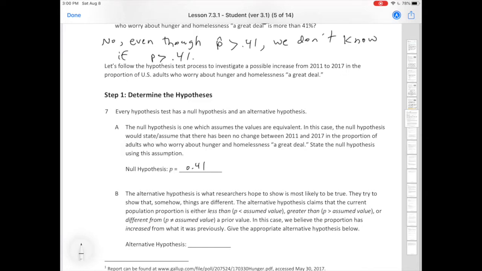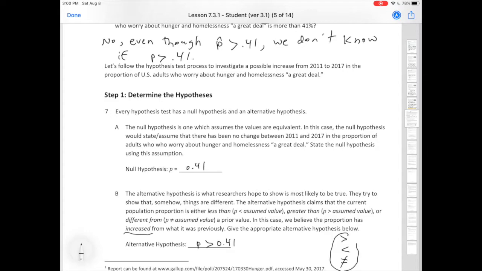So what would our alternative hypothesis be? If the null hypothesis is that P is equal to 0.41, it means that our problem is either going to have a greater than, or a less than, or just a not equal to. Now in this case, because we believe the proportion has increased, that means that the researchers think that maybe P is bigger than 0.41.